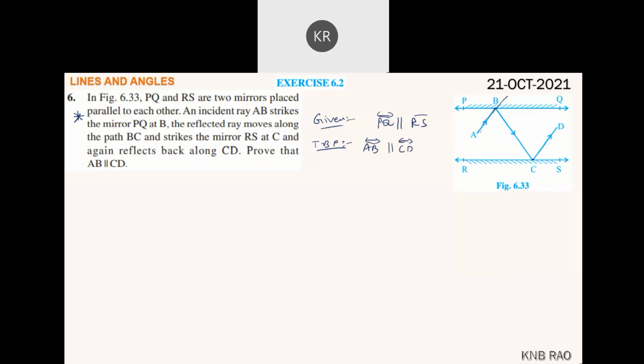Then tell me, if AB is taken as transversal, what is the use? We should take BC as the transversal.